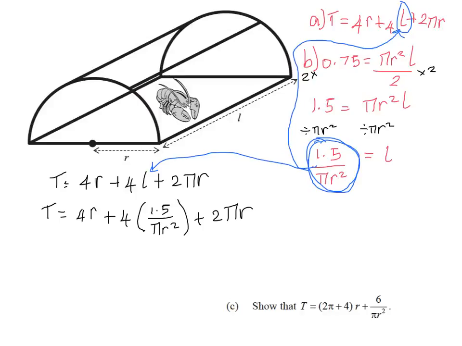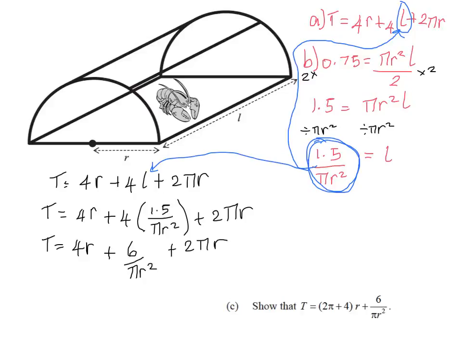So we are trying to get what we currently have to look like what they want us to show. All right, so in good faith, we're going to just keep moving forward and see what happens. All right, so we have T equals 4r plus 4 times 1.5 is 6, so that's 6 over pi r squared plus 2 pi r.